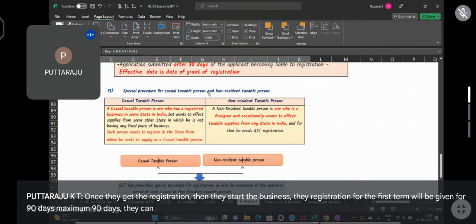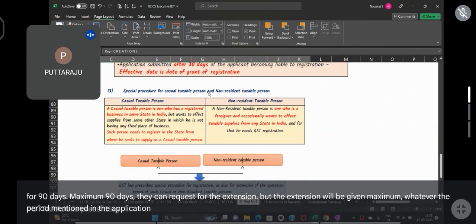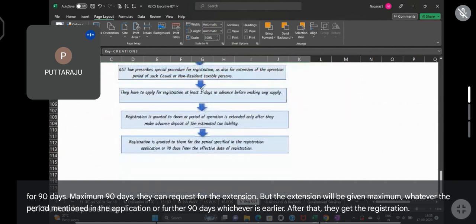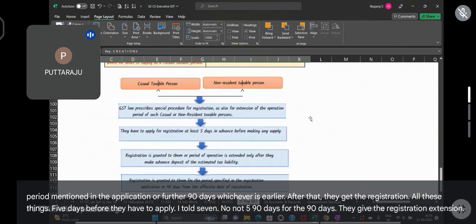They can request an extension, but it will be given for the period mentioned in the application or a further 90 days, whichever is earlier. But they have to apply.